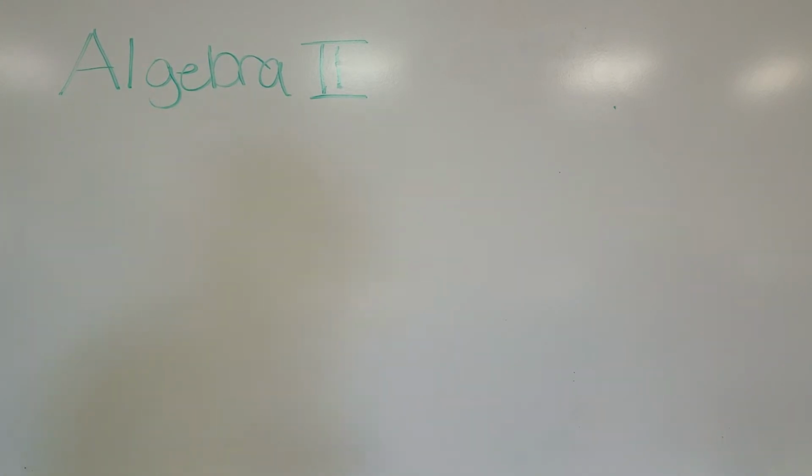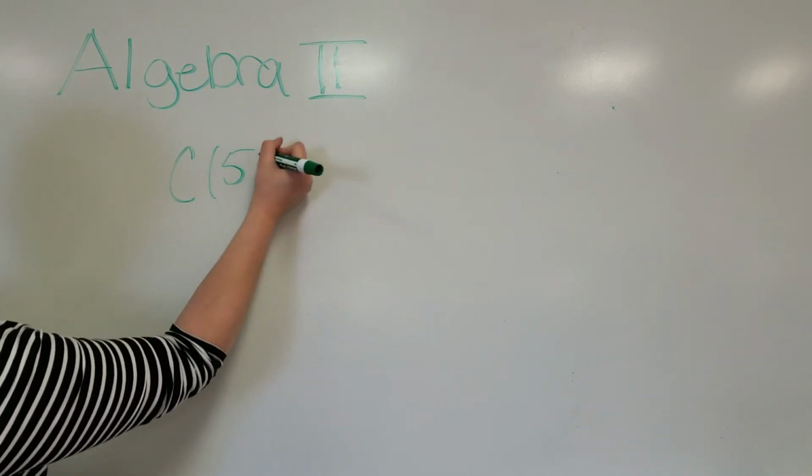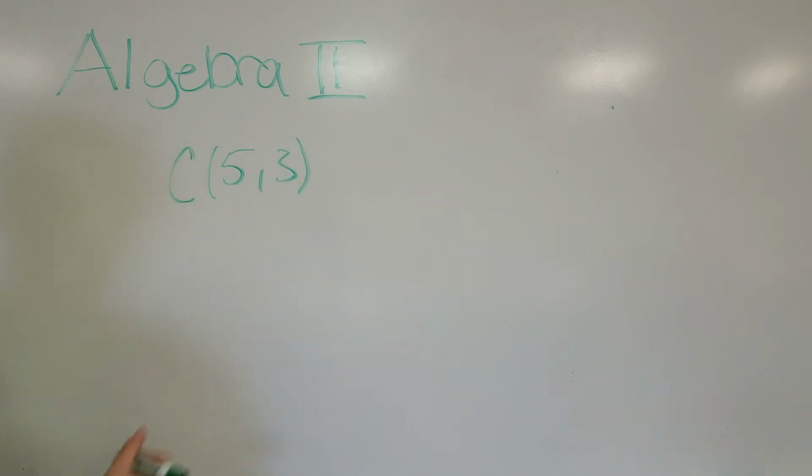Number 19, they say how many subsets of 3 elements exist in a set with 5 elements, all right? So subsets is always a combination, okay? It's not a permutation. Subsets are always combinations. So you have 5 elements, and you're saying how many subsets can I make of 3 elements?